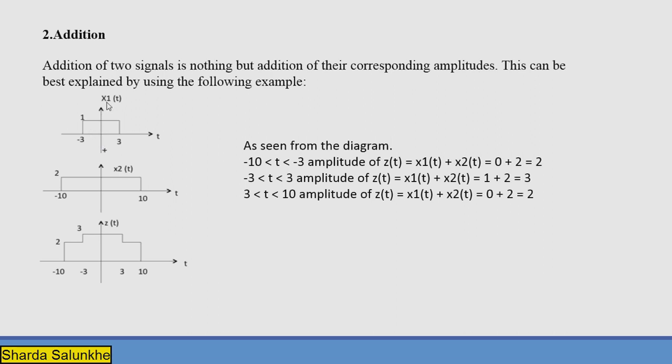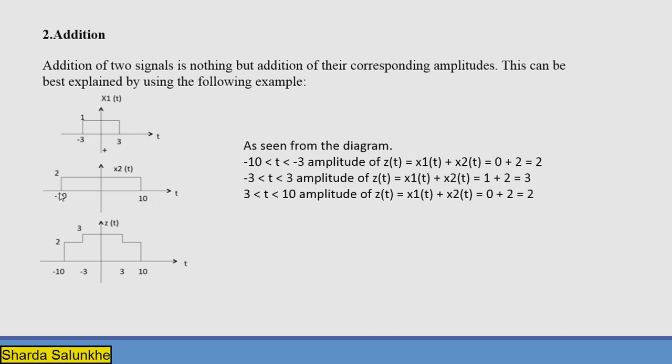Suppose this is the first signal x1 of t having the maximum amplitude 1 from minus 3 to 3, and the second signal x2 of t having the maximum amplitude 2 from minus 10 to 10.